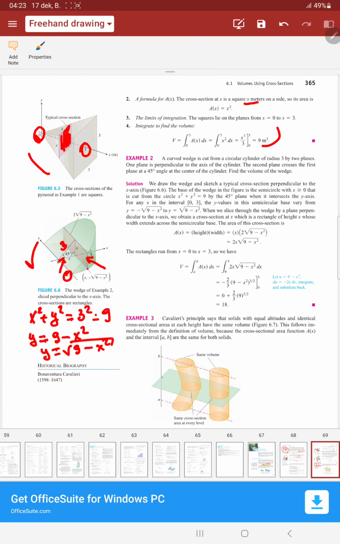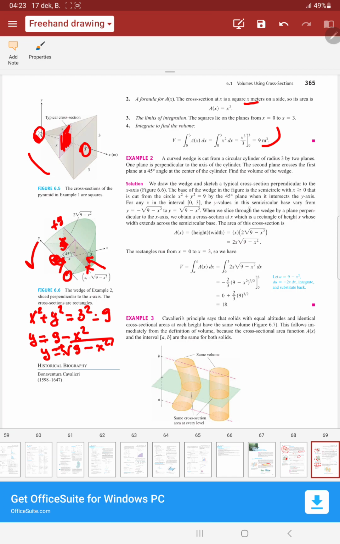So this point in here and this point, we have plus minus, so this will be minus because it's the left side of the 0 center, and this point will be plus y. It means plus the square root of 9 minus x squared.